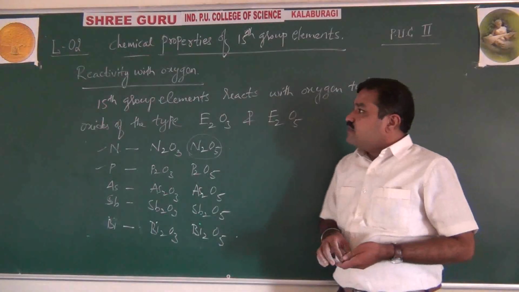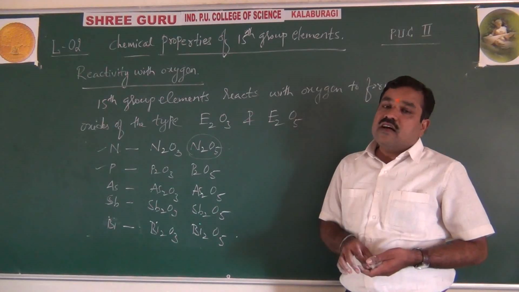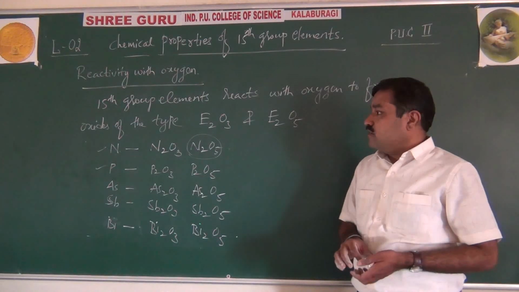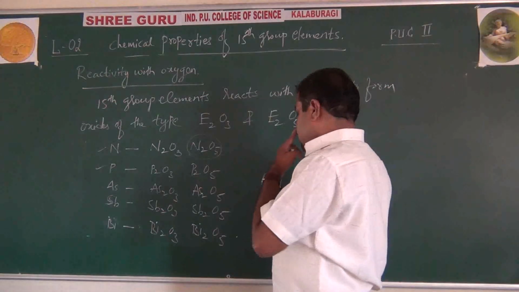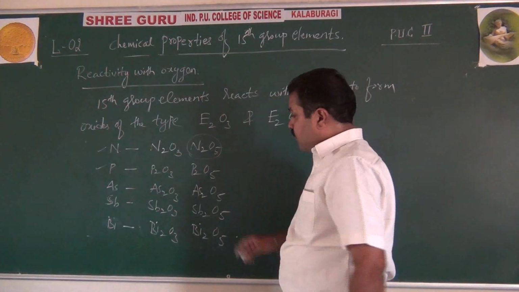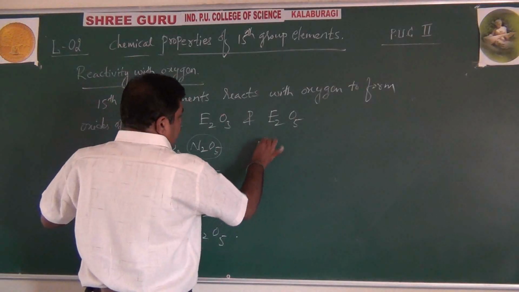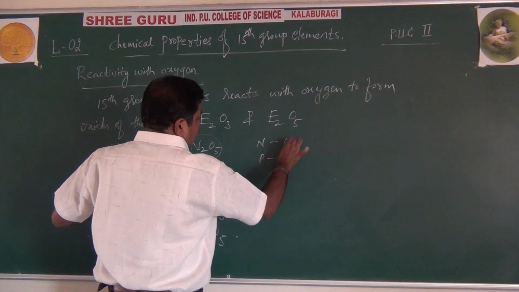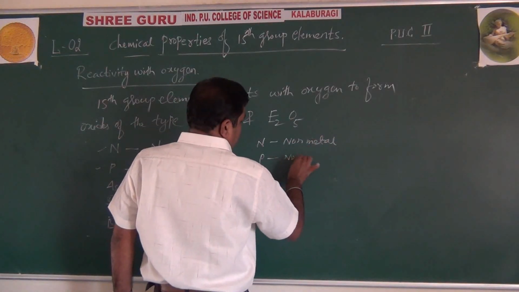Once again I will repeat, see, 15 group elements react with oxygen and form respective trioxides and pentoxides of this type. But remember, nitrogen and phosphorus, both are non-metals, right? Non-metal.